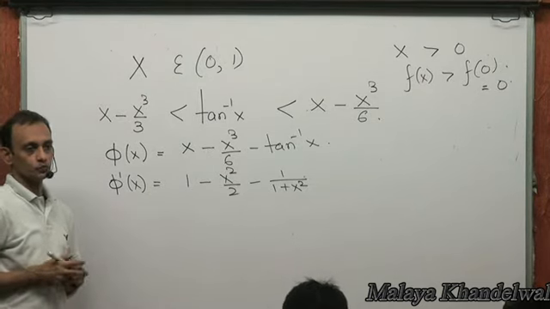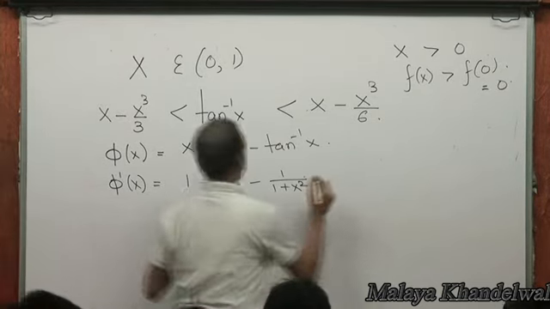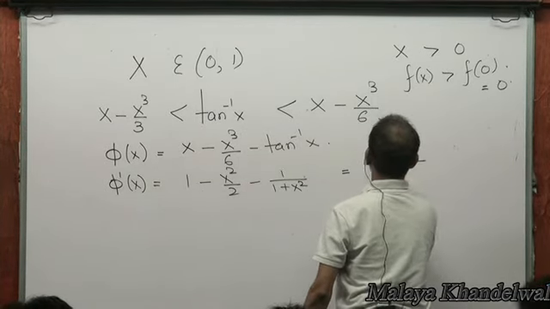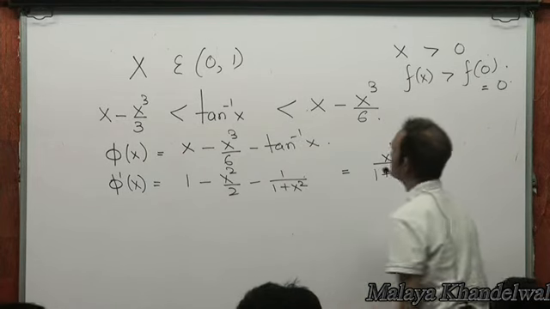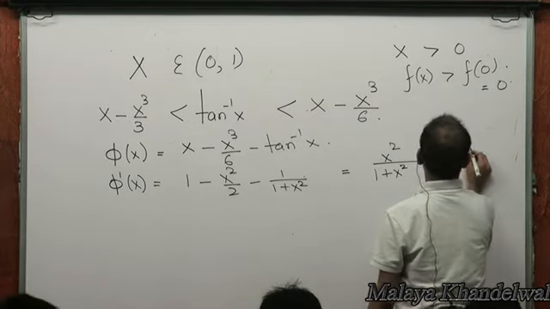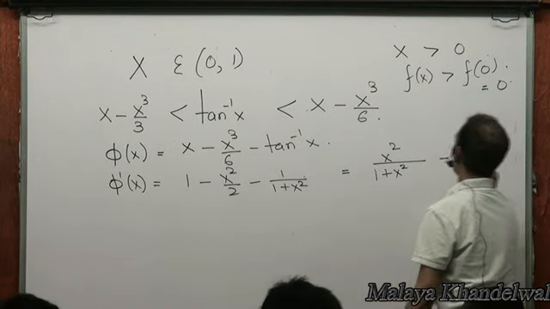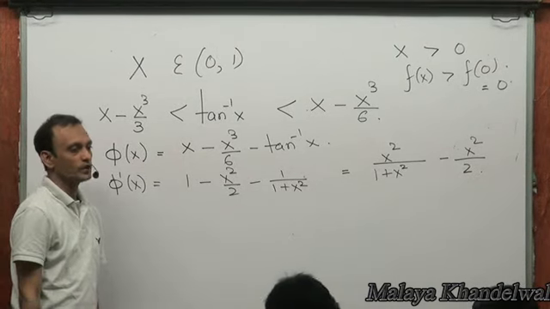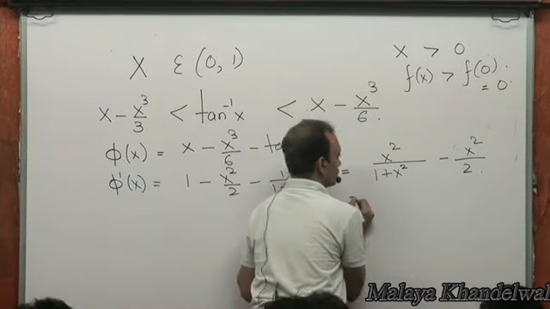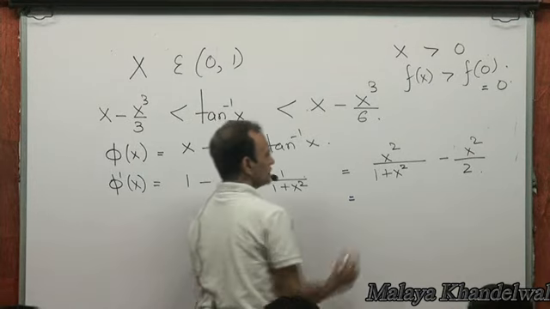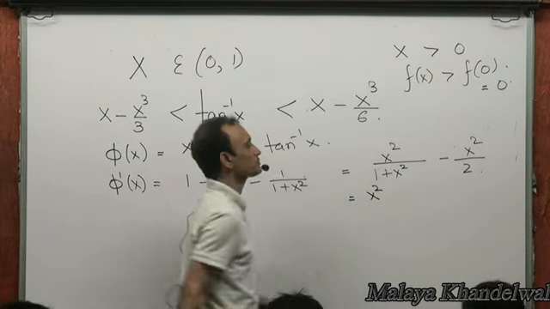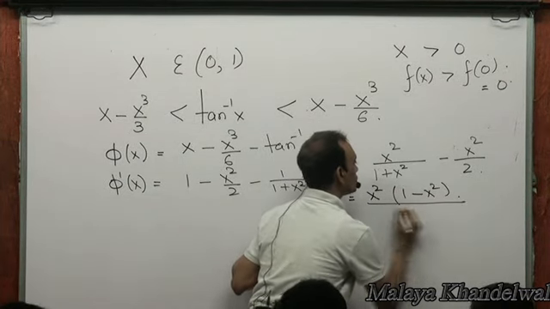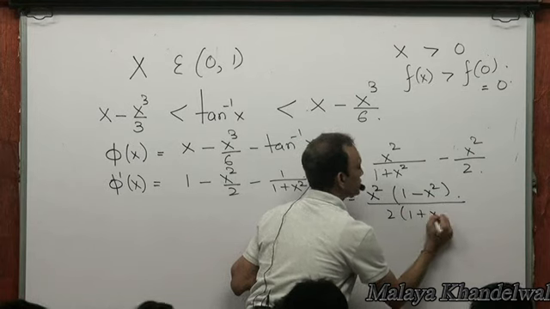Yes or no? This minus this I can write as x squared by 1 plus x squared minus x squared by 2. I could take x squared common from this: 1 minus x squared by 2 into 1 plus x squared.